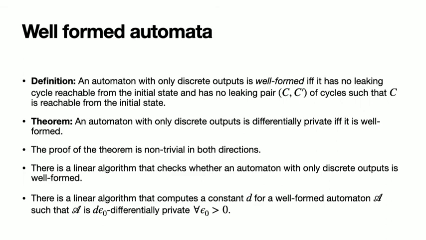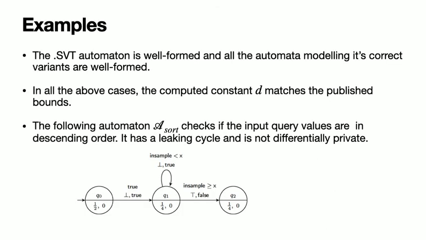There is a linear time algorithm given in the paper that checks whether an automaton with only discrete outputs is well-formed. There is also a linear algorithm that computes a constant d for a well-formed automaton A such that A is d epsilon 0 differentially private for all epsilon 0 greater than 0.